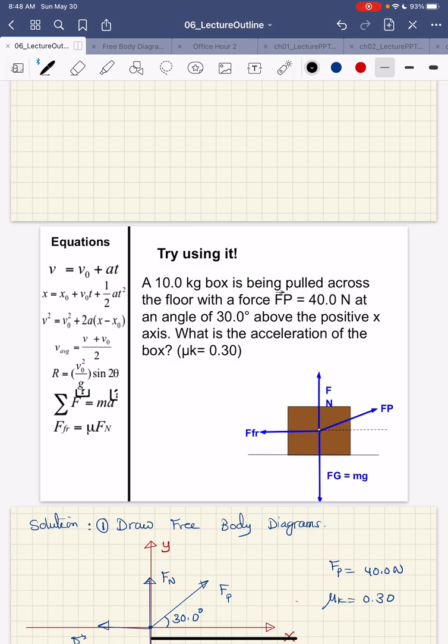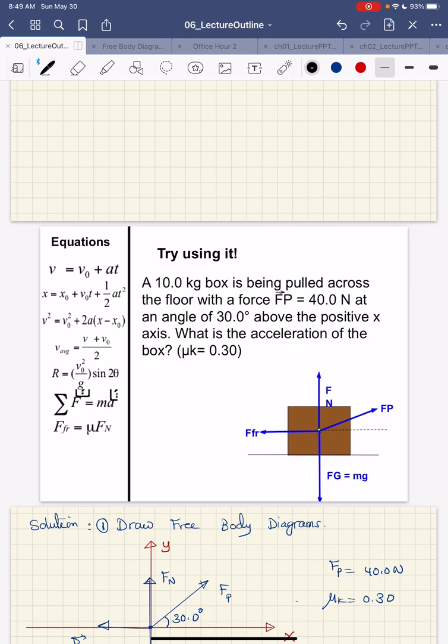In this example here, we have the same box, but instead of being pulled by a horizontal force, it was pulled using a force that is making an angle of 30 with the horizontal. Okay, and then we are trying to calculate what is really the acceleration of that, let's say, box.